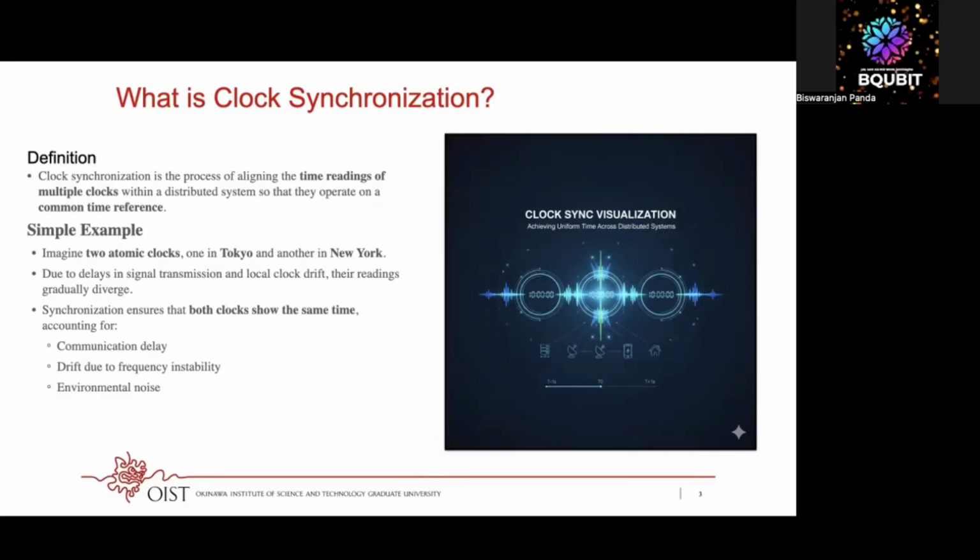In the same way, you can use this definition for multiple clocks located in different places.